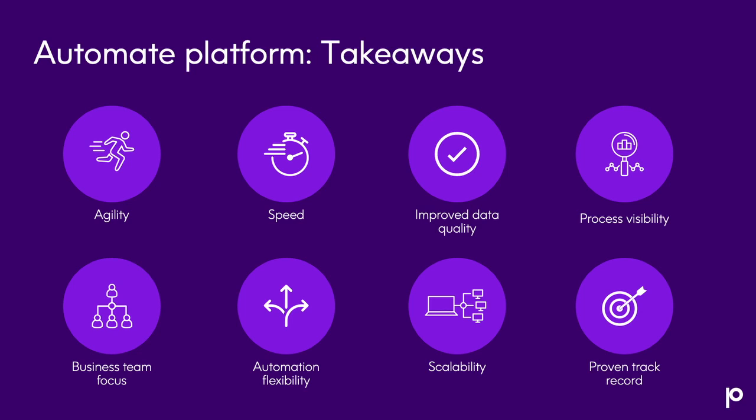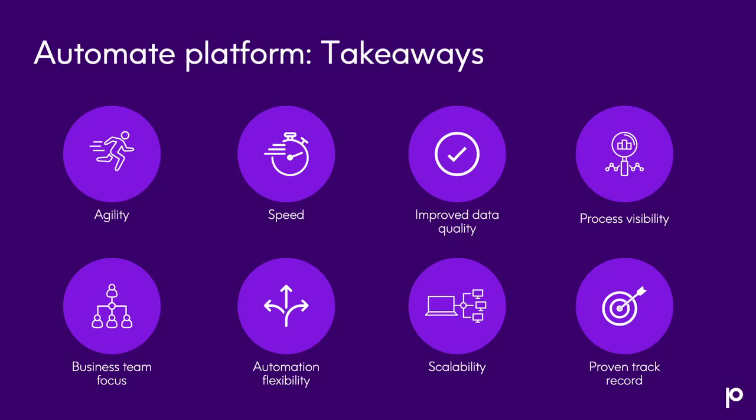So we're talking initial data quality through automation. And again, Precisely has data quality tools that can help you clean up the data you already have in your system. Process visibility, it's an absolutely critical one, especially when you've got auditable processes and you need to be able to know what's happening, where and when, and be able to review it quickly. The Automate platform can deliver that for you. Business team focused. One of the things we've always been since our founding 20 years ago was we've been focused on helping business teams make an impact at scale.